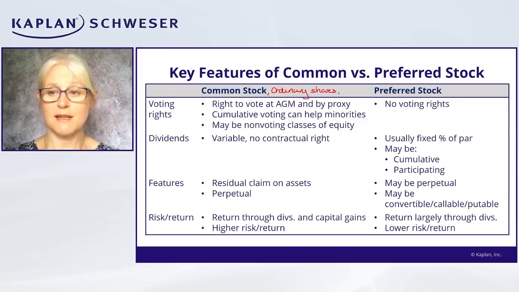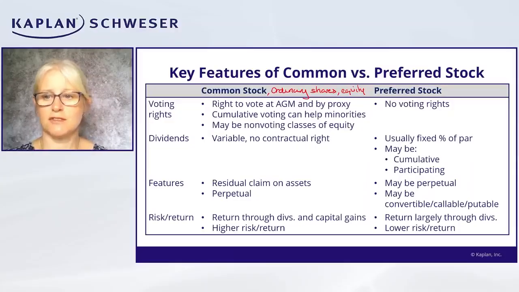Or if we were being precise about it, when we talk about equity, it's these things that we are talking about. Preferred stocks might be described as a class of equity, but if you're using equity in its purest term, you're really referring to ordinary shares.